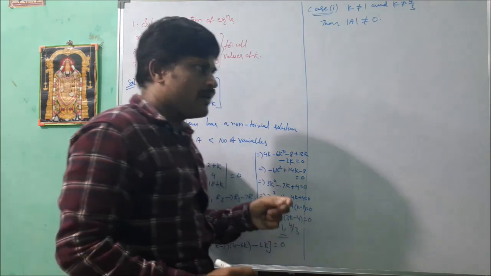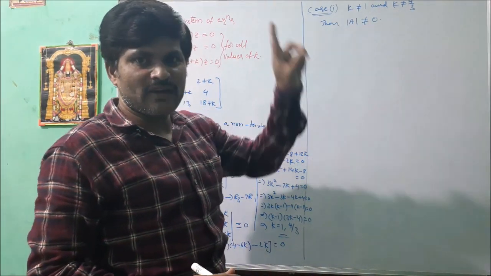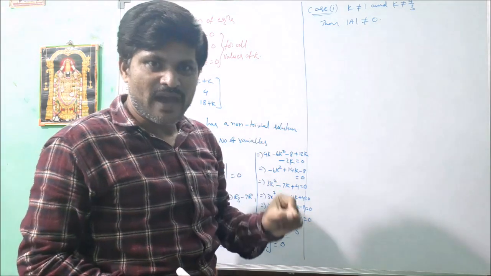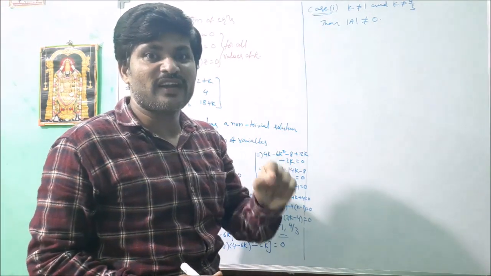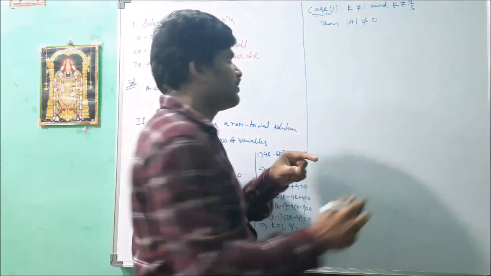Now in this homogeneous system, if the determinant of A is not equal to 0, then the system has a unique solution, that is the trivial solution. Trivial solution means 0 solution.